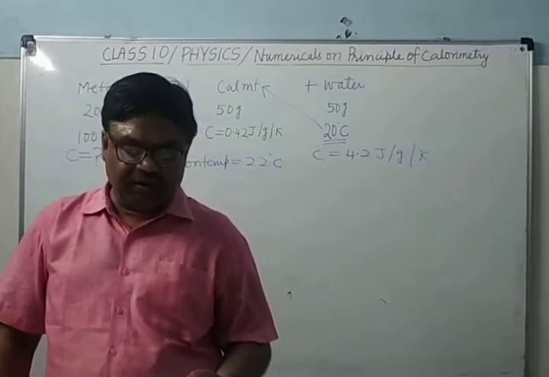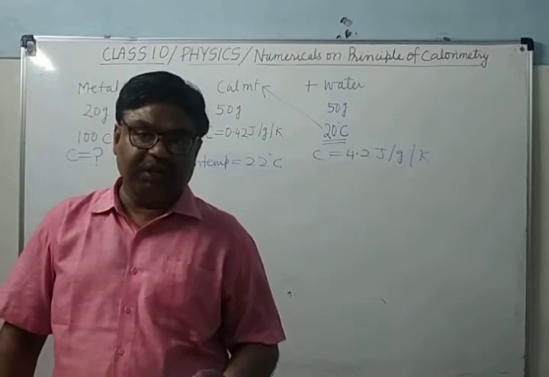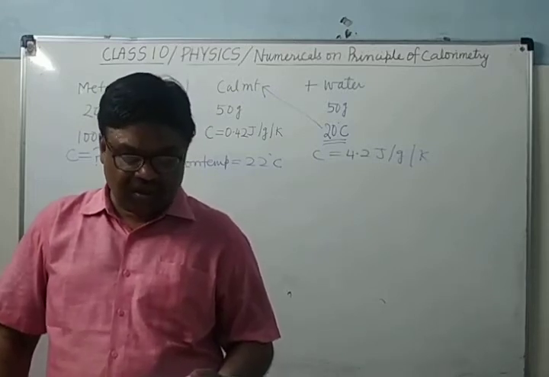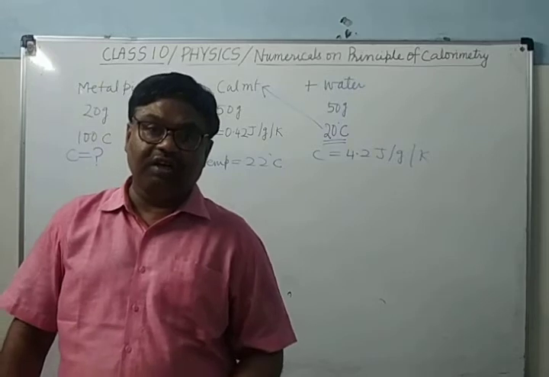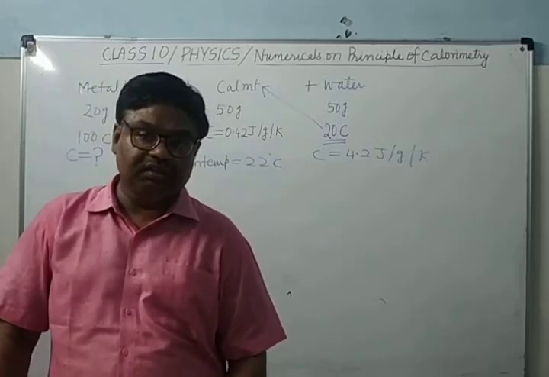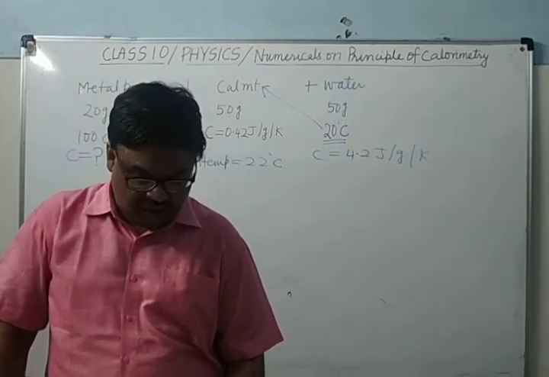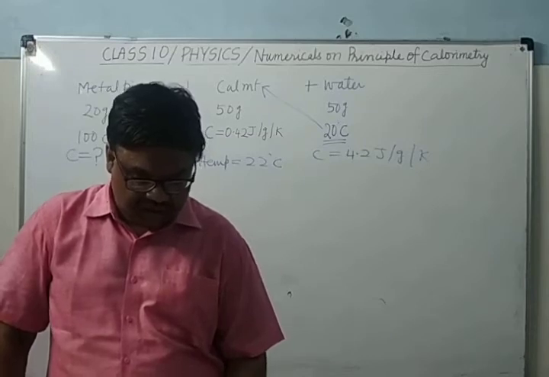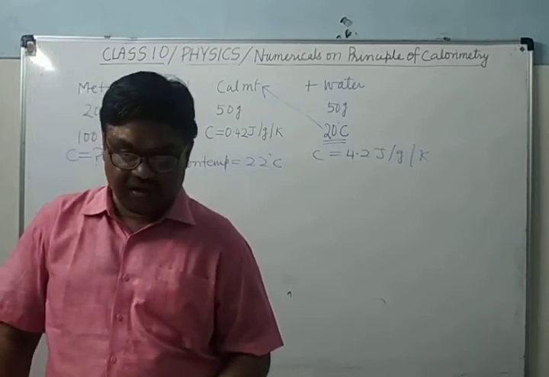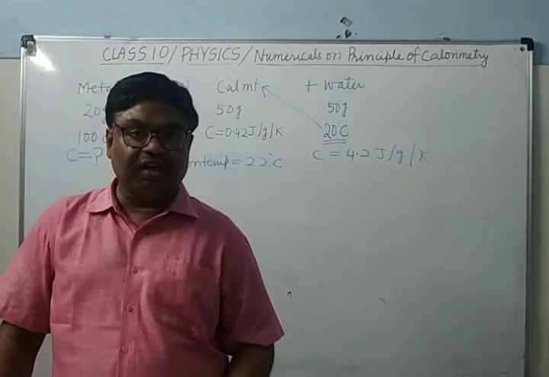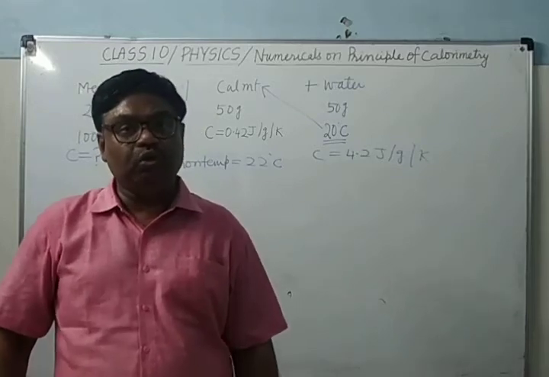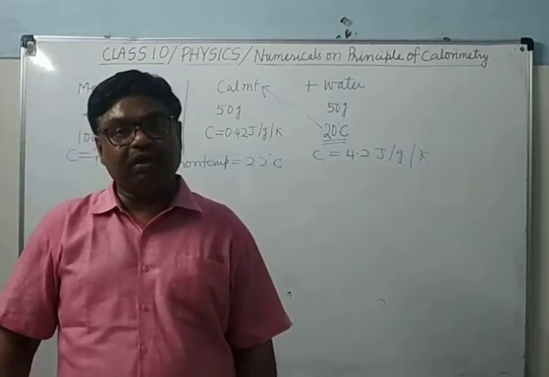After stirring the water, means mixing the water, the highest temperature recorded is 22 degrees Celsius. Calculate the SHC of metal. SHC of water is given 4.2 joule per gram per Kelvin.